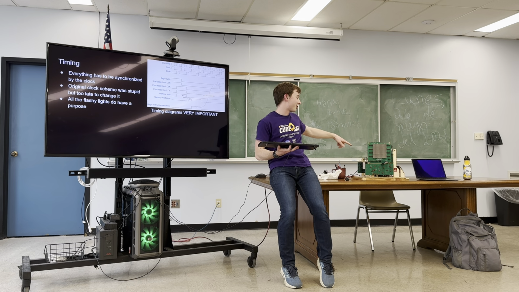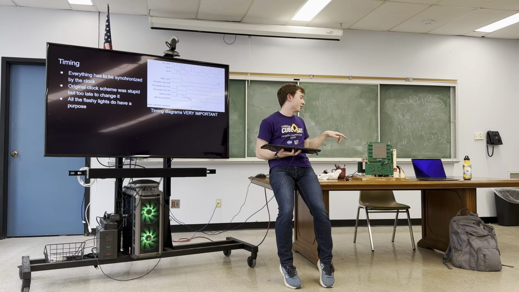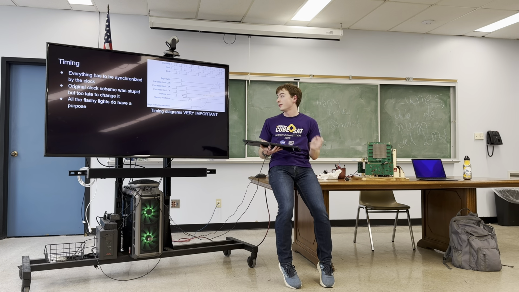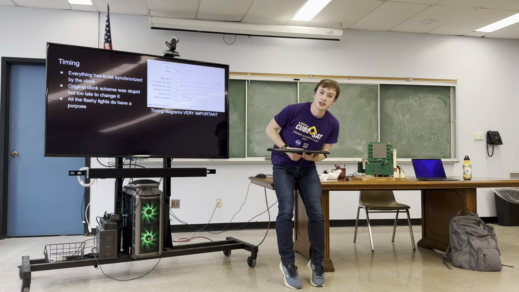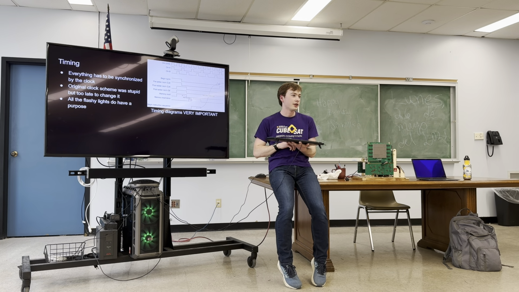It's not just for decoration, although it does look cool in the dark. That's for checking that the timing is working correctly. So when I was originally building this, I spent a lot of time on it. There's a way to manually step the clock, and so I would step it forward and then check that the signals were either high or low by looking at the LEDs. I could see if there was anything wrong with it.